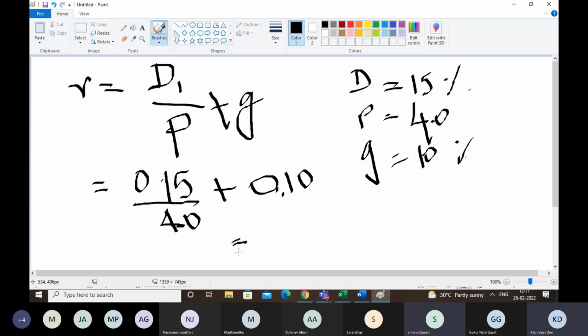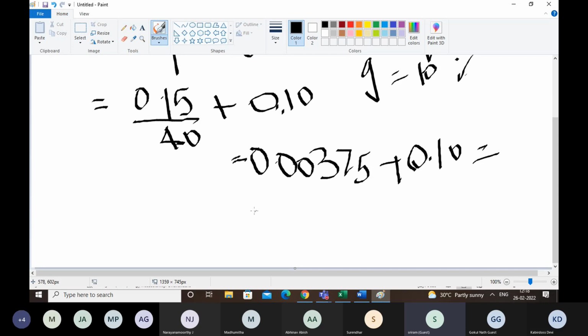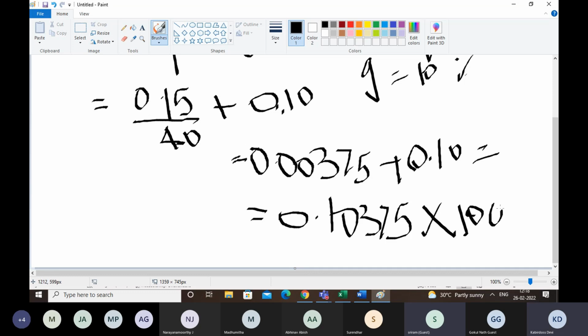What is 0.15 divided by 40? 0.15 divided by 40 is equal to 0.00375, plus 0.10 is equal to 0.10375, into 100 is equal to 10.37.